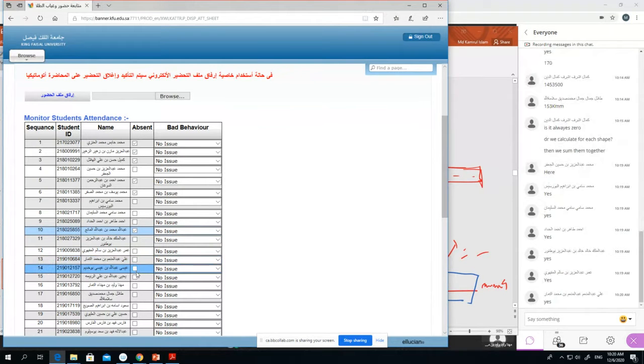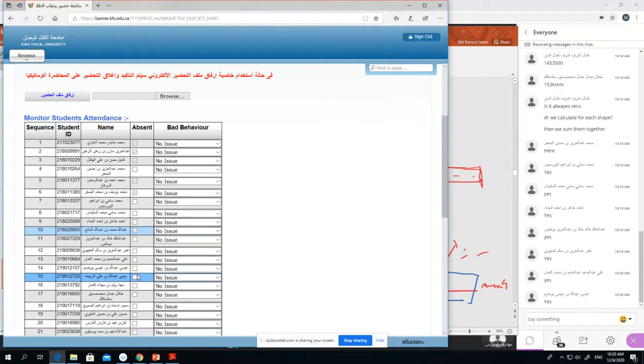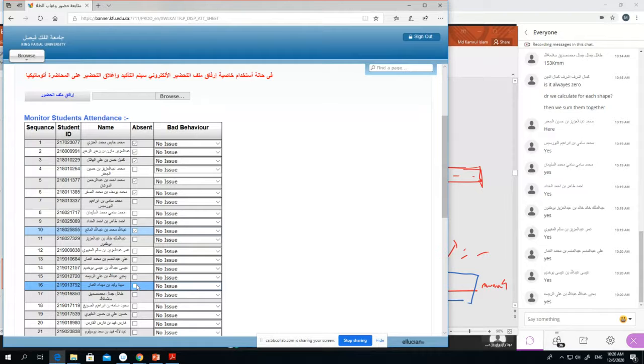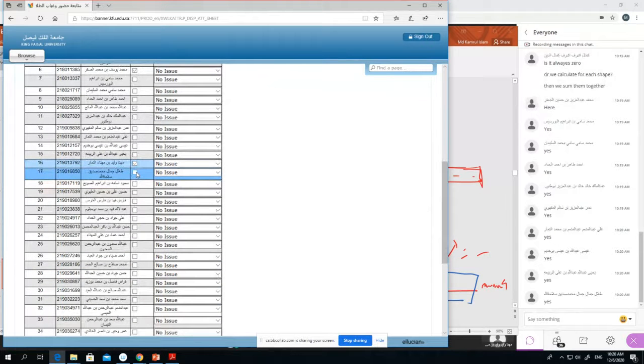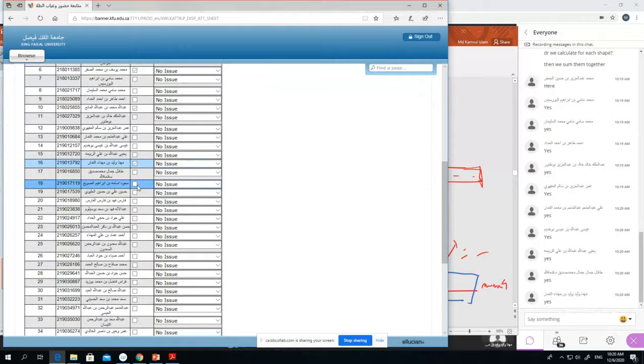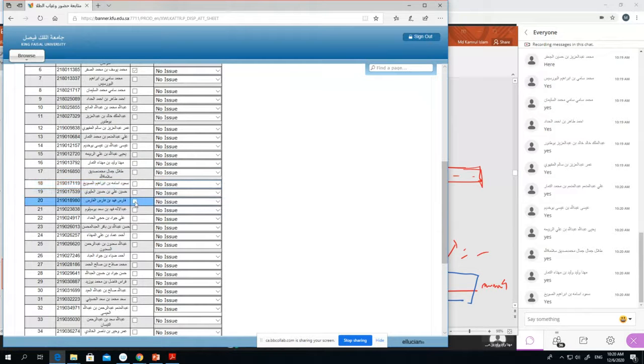Ali Abdul Muraim, Isa Abdullah, Yahya Abdullah, then Muhanna Walid, Talal Jamal. Muhanna Walid absent. Talal Jamal is there. Saud Usama is there.